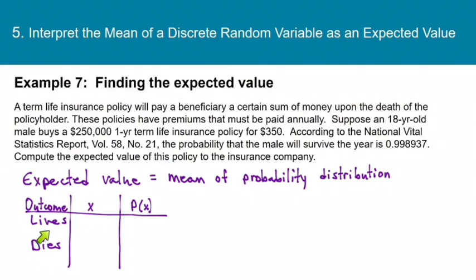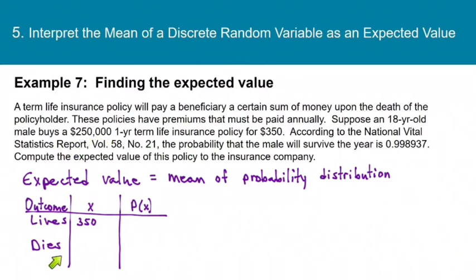So let's say that if the 18-year-old male lives, then the insurance company has gained his premium. He paid the premium and they didn't have to pay out anything, so they gain $350. But if the 18-year-old male dies, he will have paid his premium for the year, but they will lose $250,000.